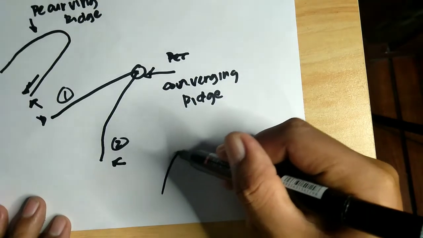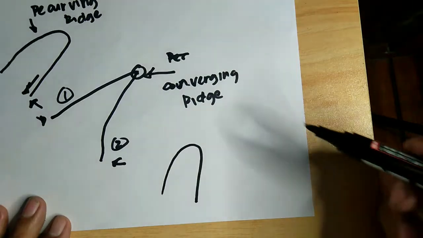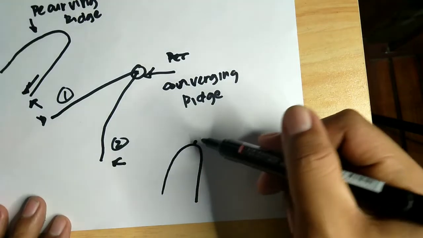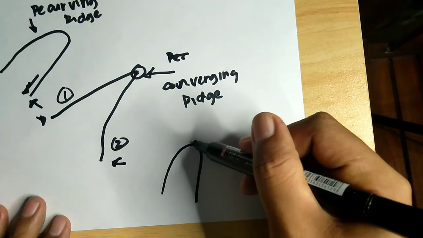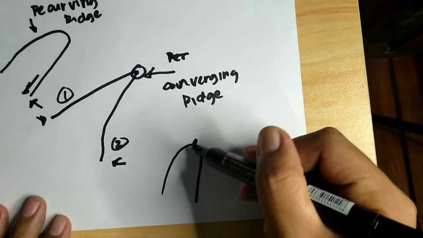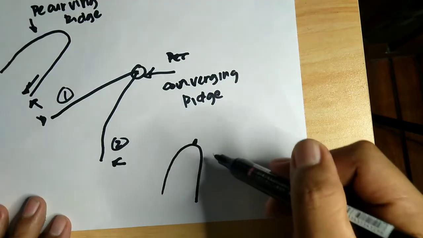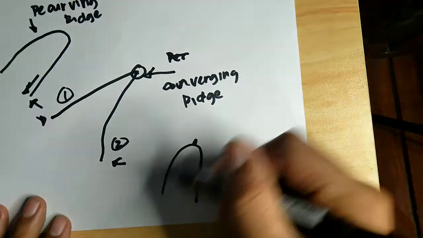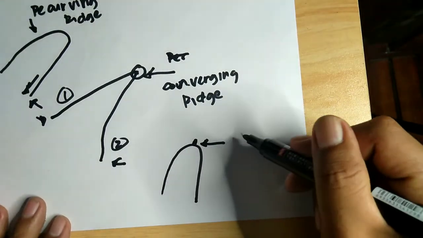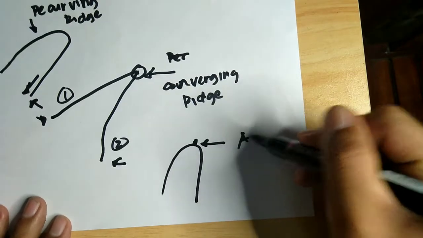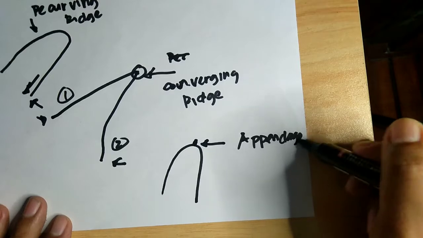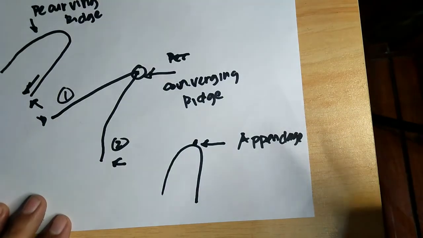Halimbawa meron tayong recurving ridge na ganyan, then if there is something like here, meron siyang additional ridge dito sa kanyang taas, maliit or malaki man siya, pero kung makikita natin na nakapatong ito sa top portion ng recurving ridge, this portion we call the appendage. That's the appendage. Okay? So far I hope we are still getting it.